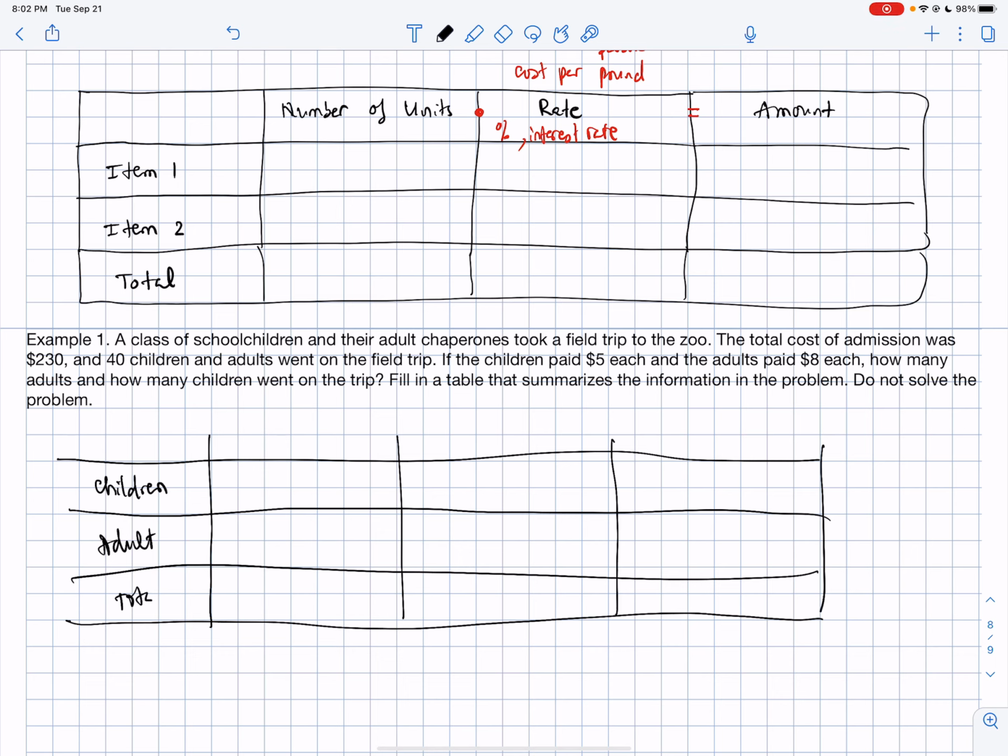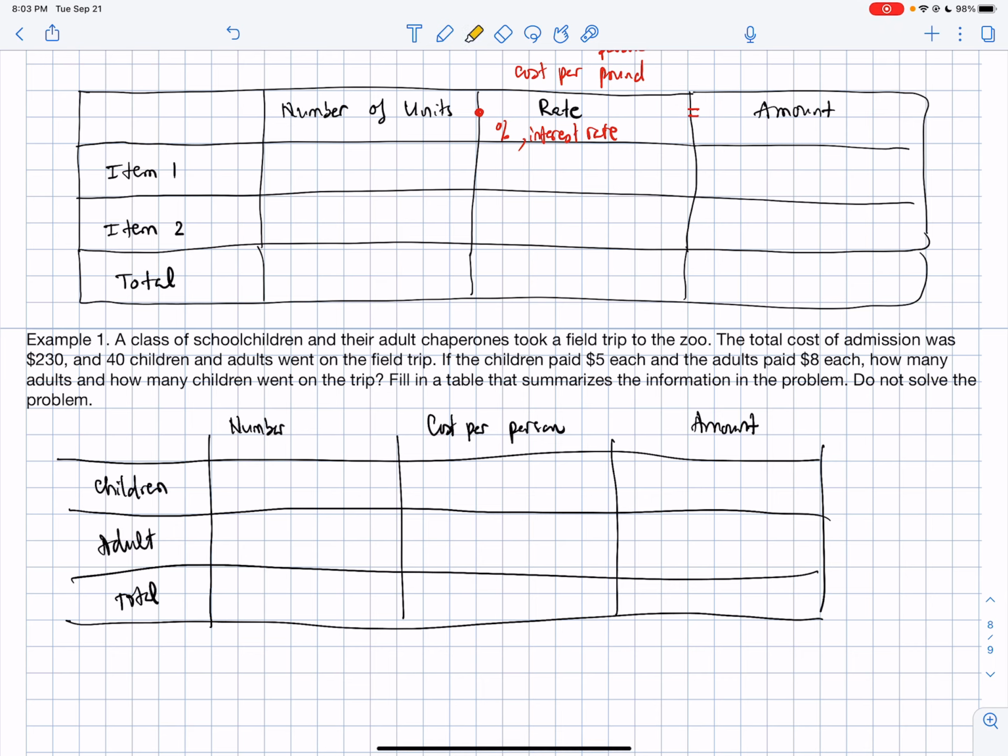Then we will have total. We have number of units, which is how many children, how many adults, cost per person, and amount.